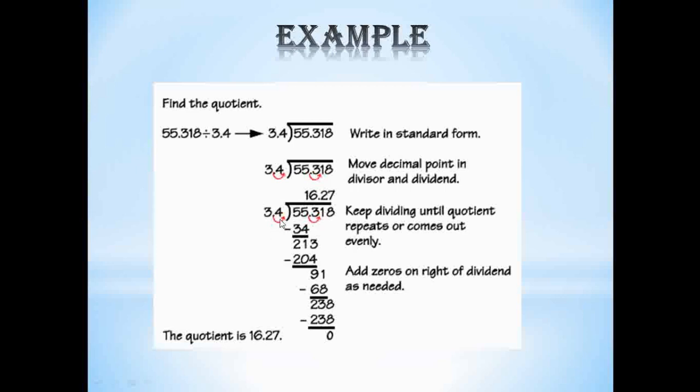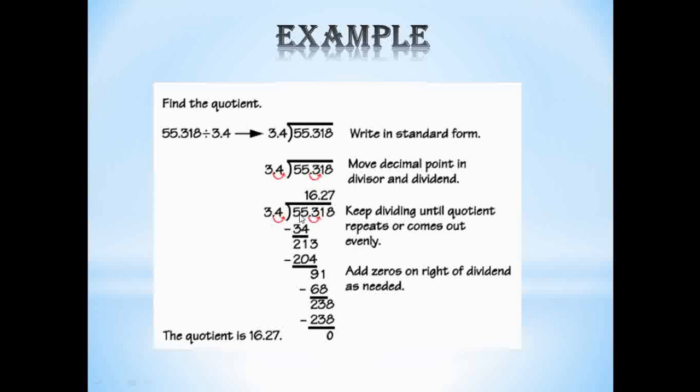So now I'm dividing 553.18 by 34. So because my decimal point would be here now, I am going to bring up my point straight up in my quotient, which is my answer, and that's going to put me right here.